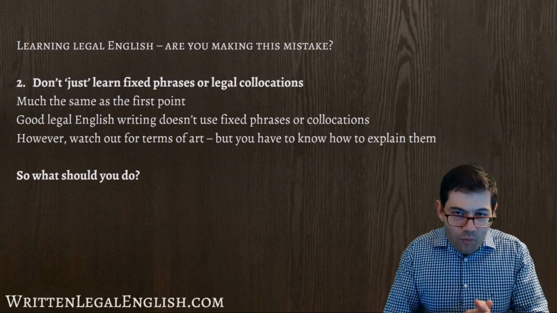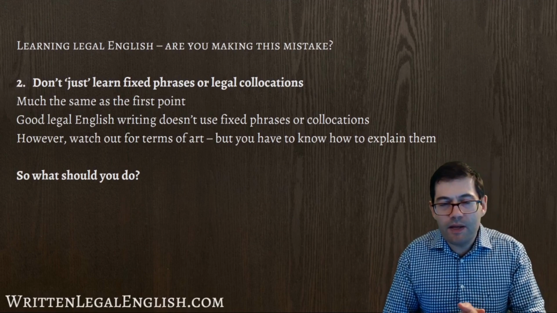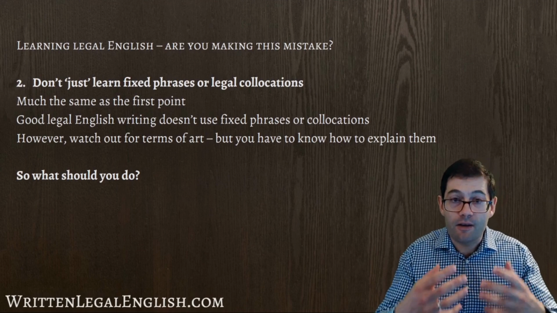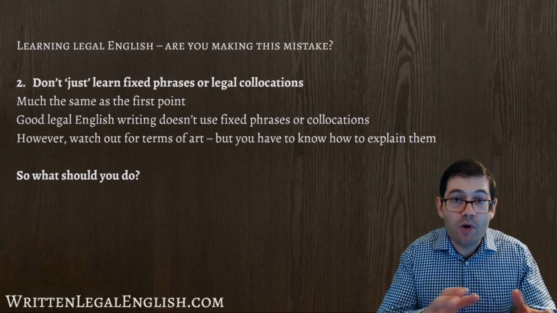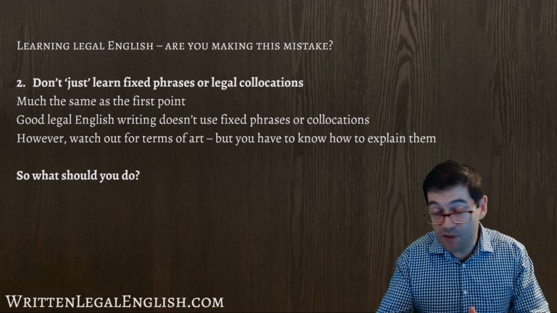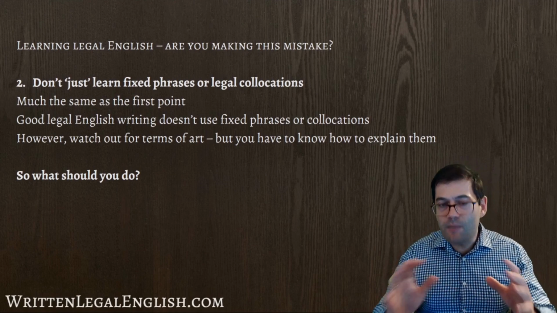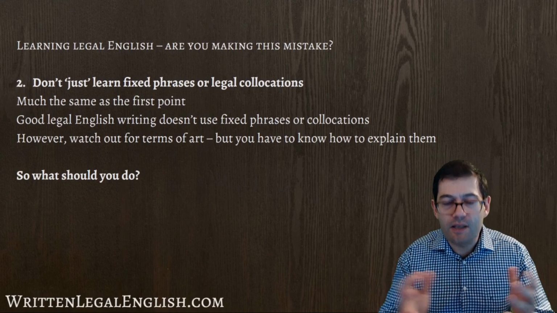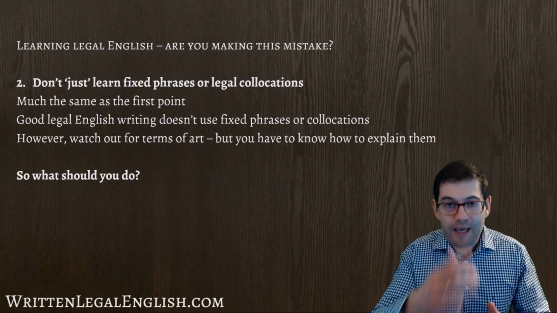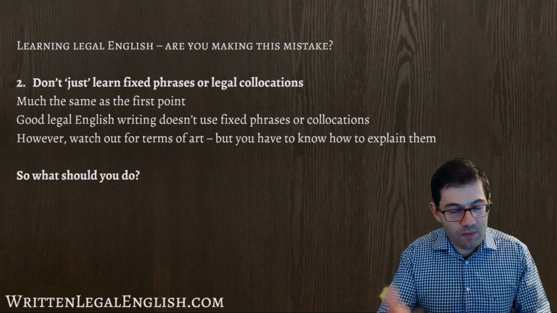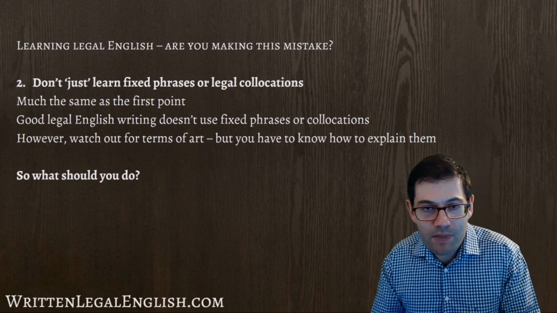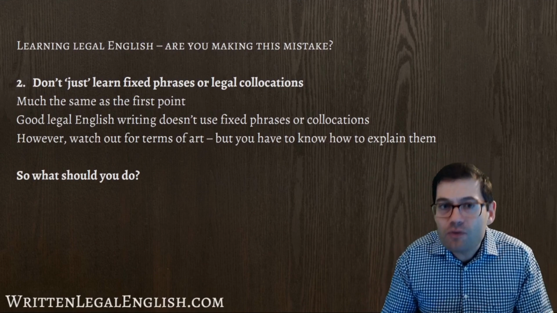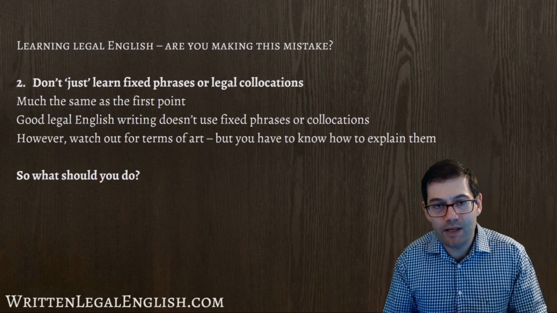Well, in the first video, I talked about bad legal English and good legal English, and good legal English follows the modern plain language form of communication, which is now practiced in many, many jurisdictions around the world and is enforced by law in the United States as regards how federal agencies should communicate to members of the public. Good legal English doesn't really use fixed phrases or collocations.